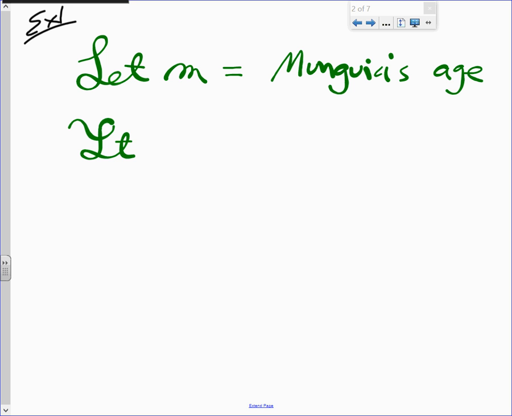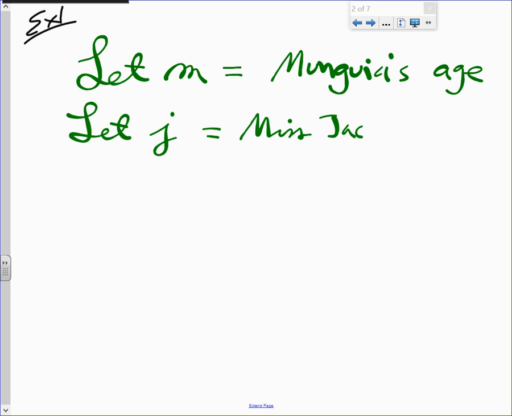Let J, as a variable, equal Miss Jackson's age. Okay? An expression is my age, an expression is her age. This is what we do in math. We let expressions represent stuff in the real world.